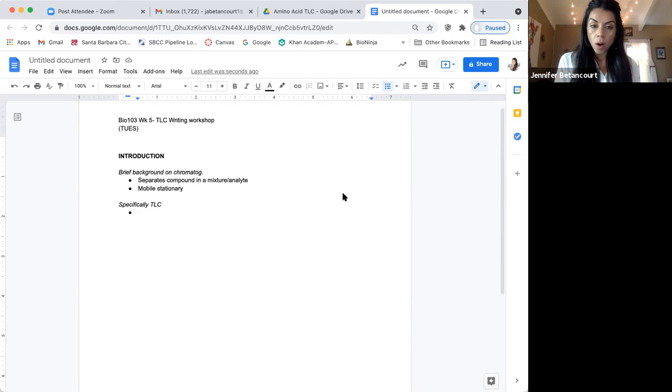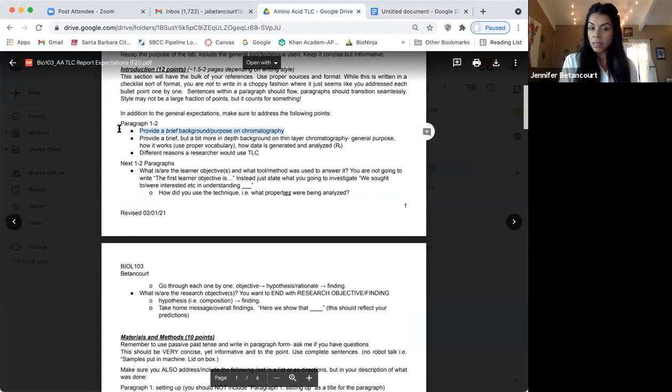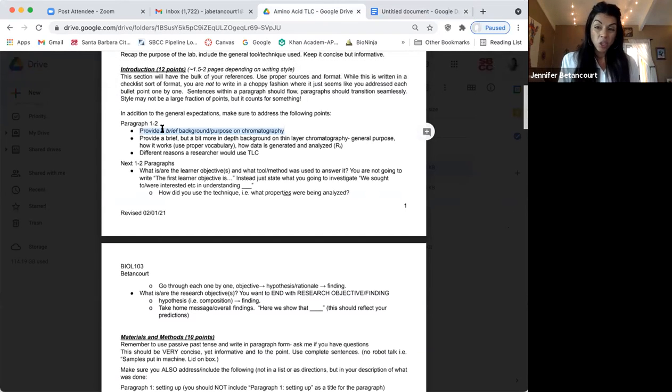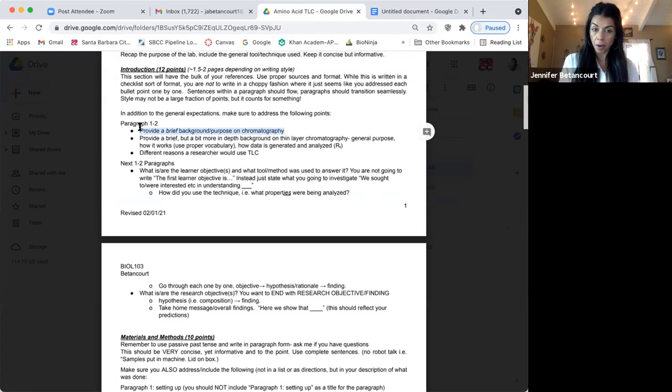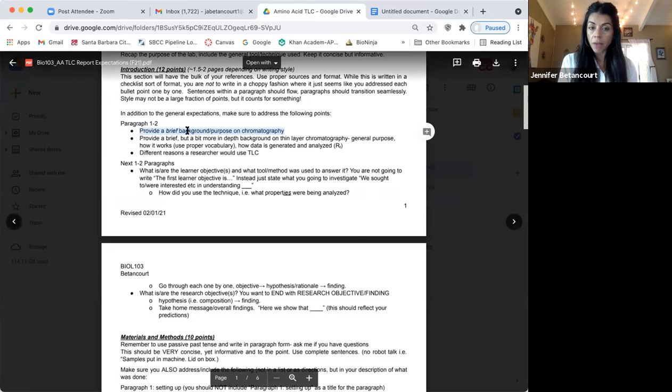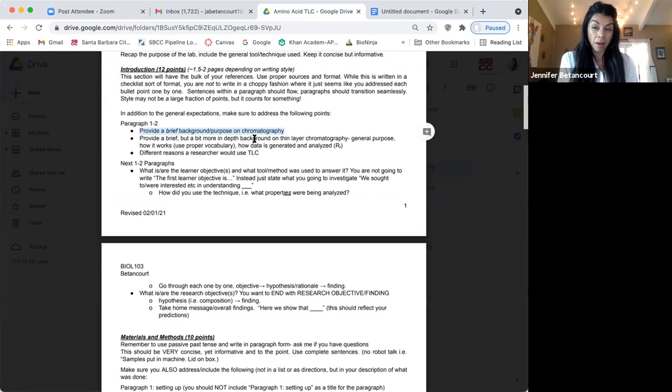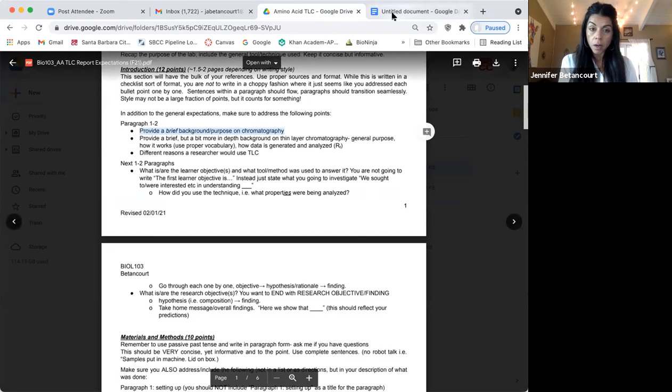So you're going to do this for the introduction, and you can see here that this should be 1 to 2 paragraphs, depending on how much information you have. I can guide you and tell you, if you're going to add all this stuff, it probably should be 2 separate paragraphs, and you're going to start thinking about your topic sentences. In this first paragraph, you're going to have a brief background in chromatography, depending on how concise of a writer you are.